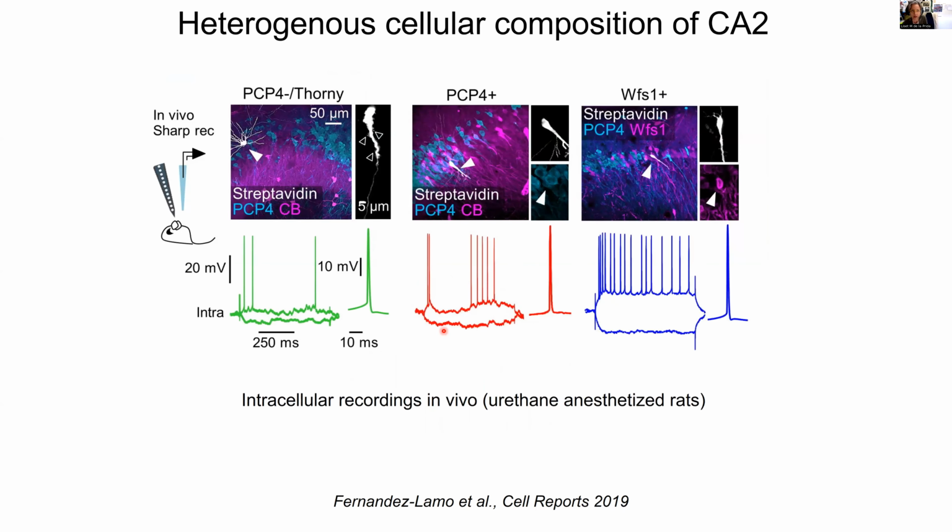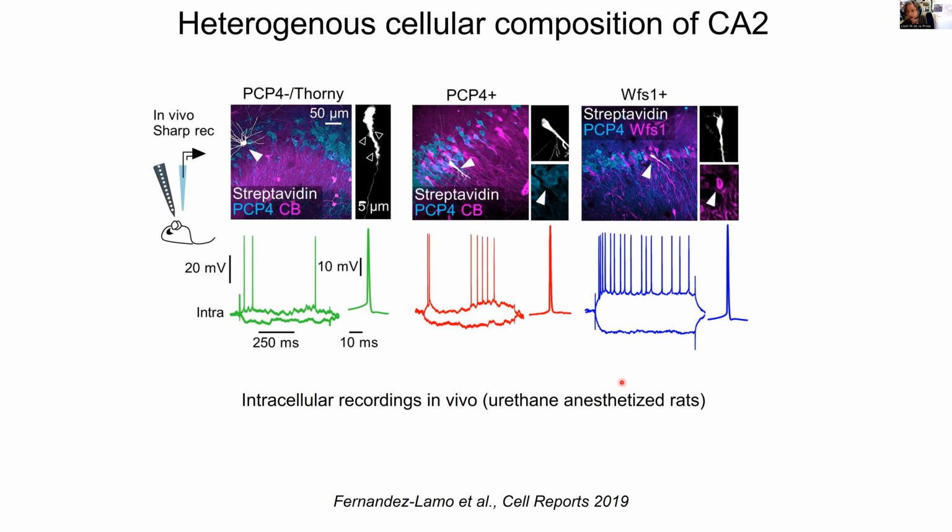So to try to clarify this better, we implemented single intracellular recordings in vivo in anesthetized rats. So we impale individual cells with a glass pipette that we stain with neurobiotin for posterior identification regarding the presence of thorny excrescences, which are characteristic of CA3 cells, cells which do not have thorny excrescences, which at this time were considered PCP4 positive and therefore CA2 cells, and cells expressing FS1, which were CA1 cells.